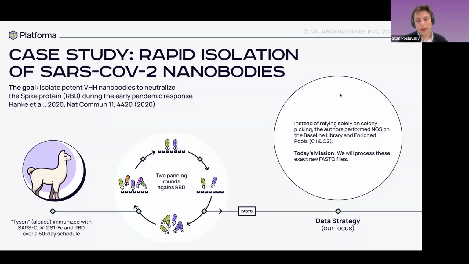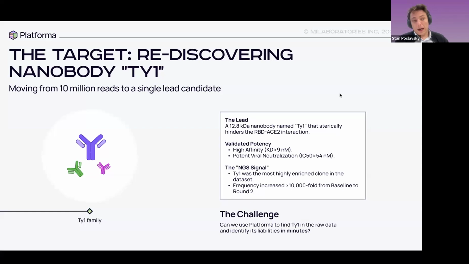So we have FASTQ files, and we're now able to look at the FASTQ files and find the exact TY1 nanobody that was reported as a neutralizing antibody, and also look wider and see whether we have something else in that data. That's actually what we will be doing.